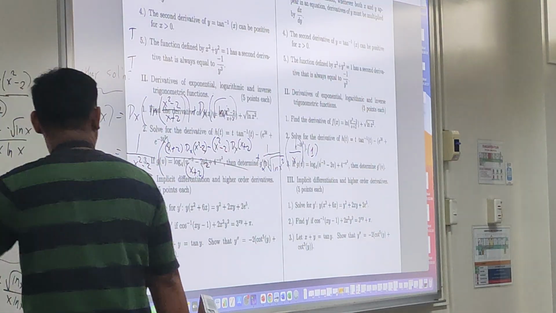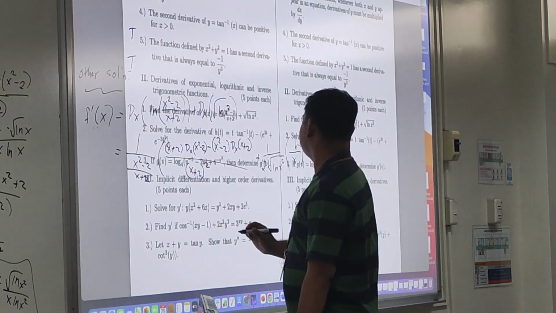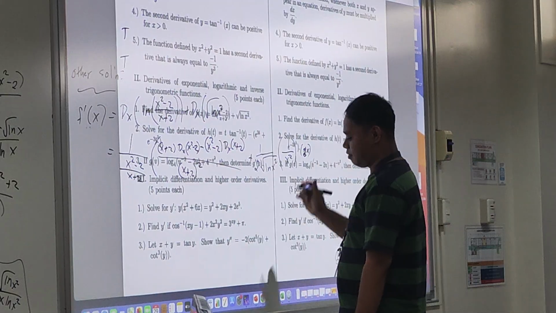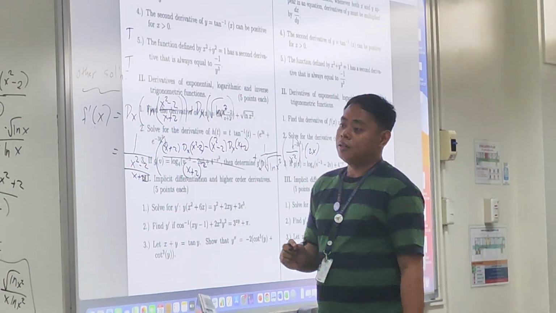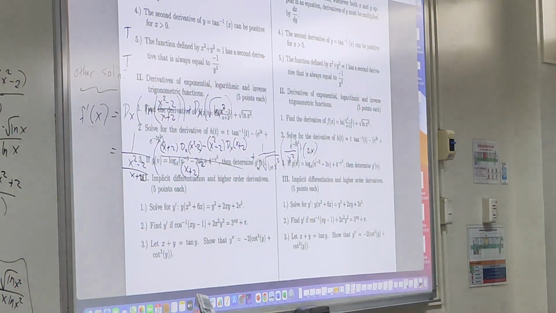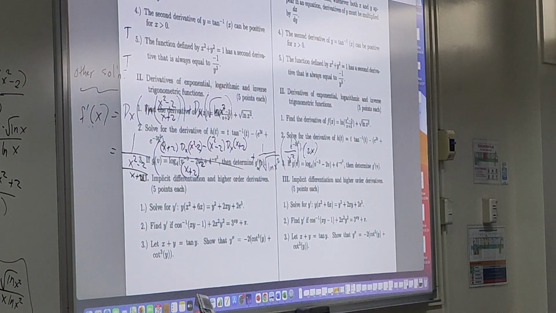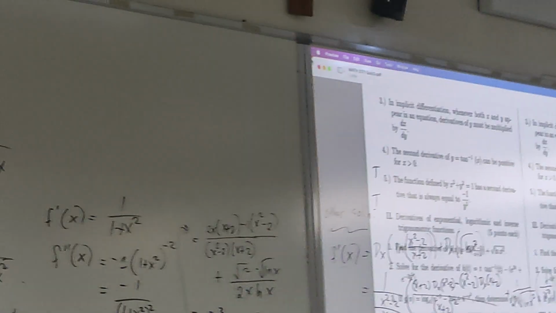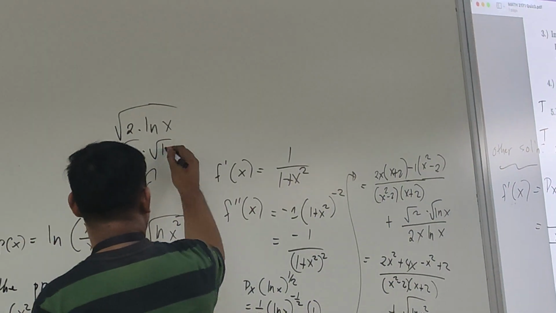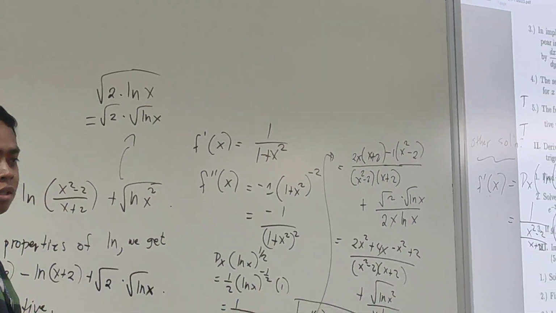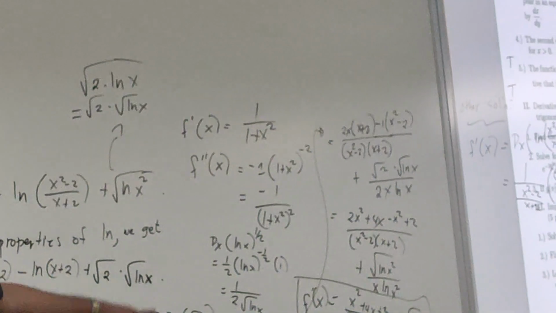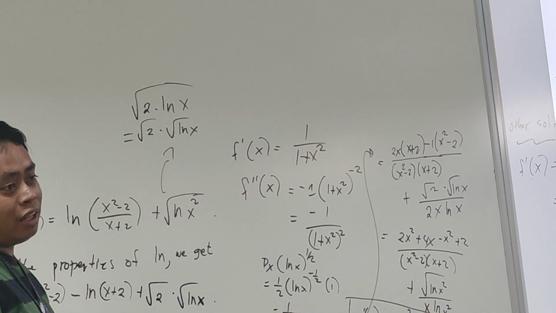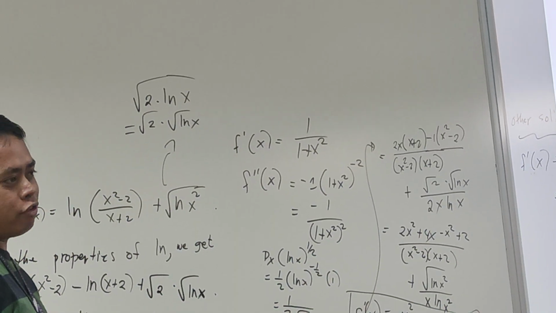Kailan mo yung property? So this one property of this, di ba? Babasin ko sa square root of 2 times the ln of x, right? Property sa radical. This is just square root of 2 times square root of ln of x, basic properties of algebra. So this is one of the properties for radical expressions.